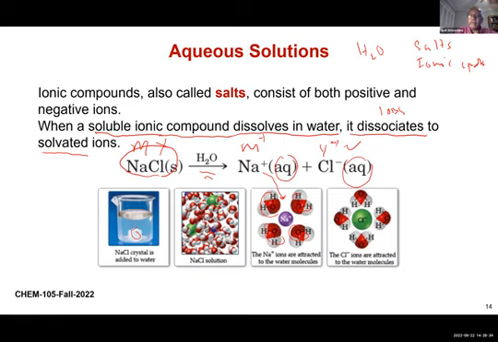So this is very common for any soluble compound in water solution. You can write it down for different soluble compounds. I'm going to show you what salts are soluble and what salts are insoluble in a minute.